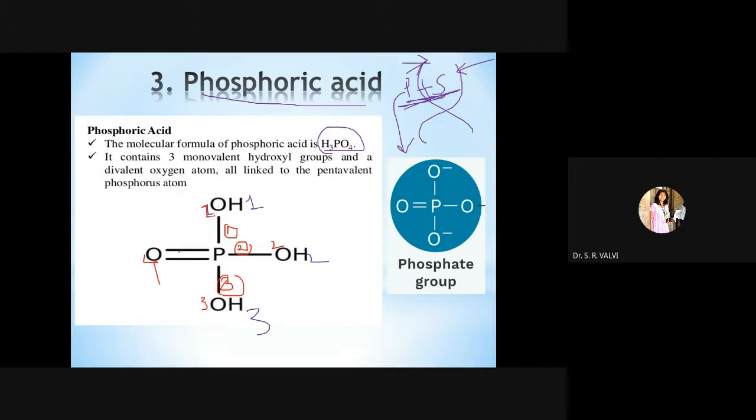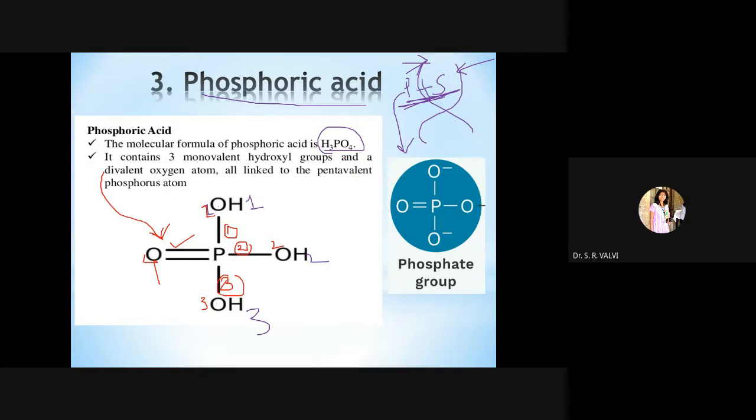Here you can see a double bond structure. The double bond is present between the phosphorus atom and this oxygen. So all are linked to a pentavalent phosphorus atom.